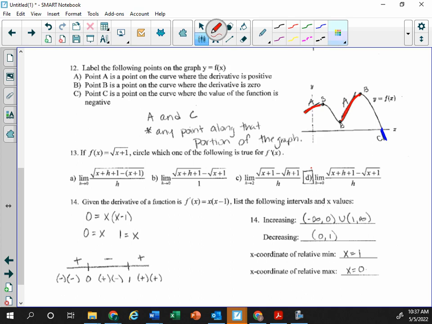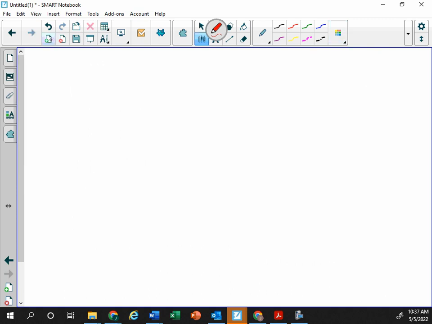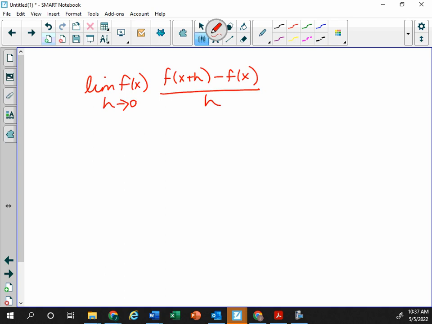13 was knowing your limit definition of the derivative. That was answer D. Can you go to that one? Sure. So do you remember that? Back from like 10.2 or something. So that's the limit definition of the derivative.